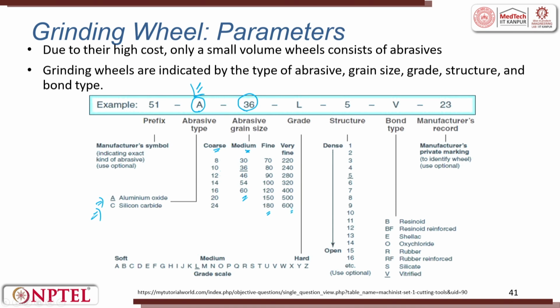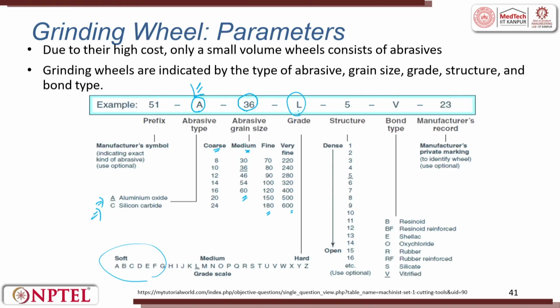What happens when the grain size is very small? The chip size is very small. So, the amount of material removed is very small, but you can precisely remove material. What is the grade? The grade is whether the wheel is made out of material which is soft, medium or hard. If it is soft, what happens? As and when there is maximum load while cutting, the abrasive tries to resist the workpiece material to form a chip.